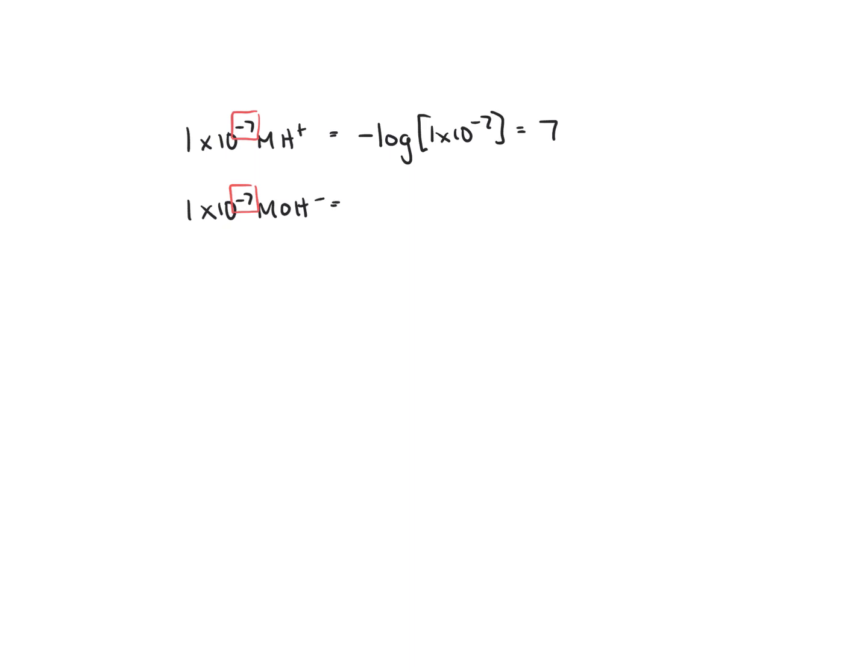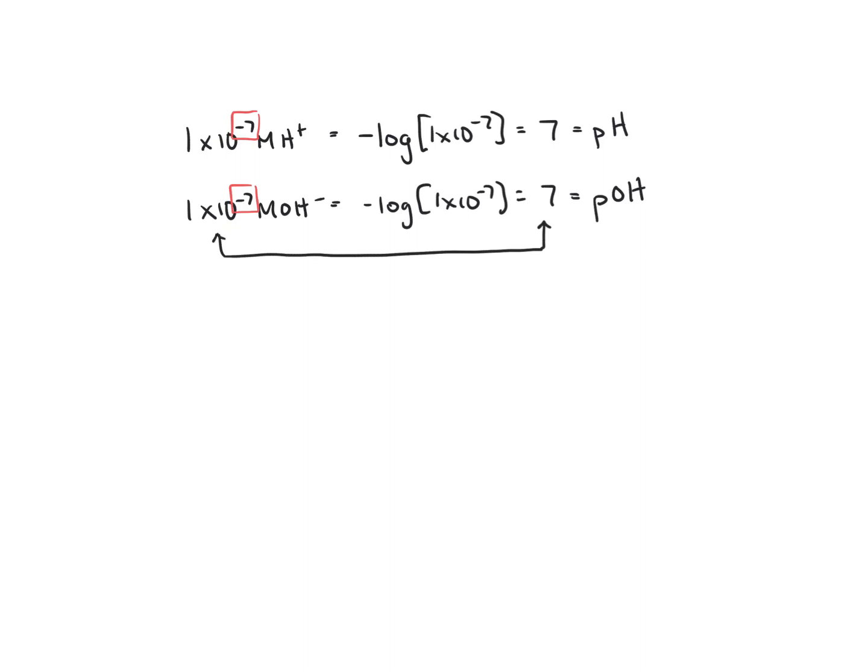Down here, if I take the negative log of 1 times 10 to the negative 7th, I also get 7. What we call this number is the pH, and we call this the pOH. So these two are referencing the exact same thing.